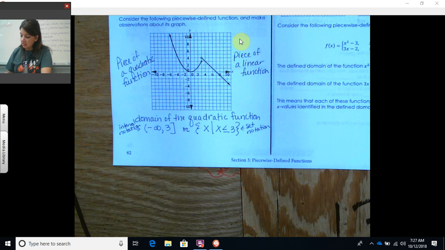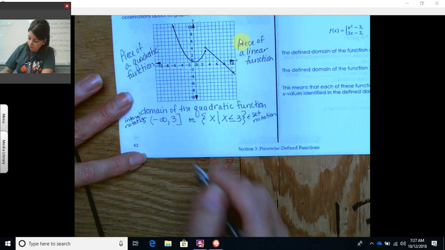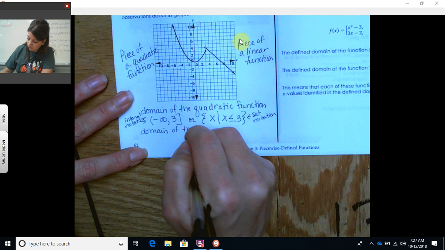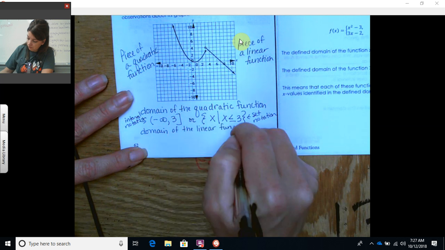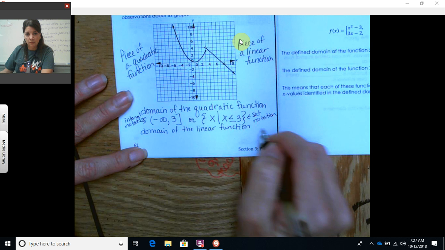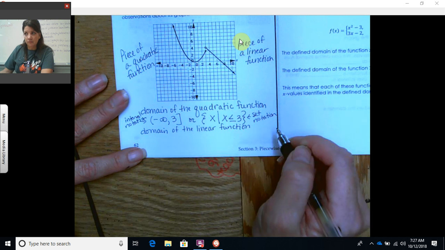All right, let's talk about the domain of the linear function. Interval notation.